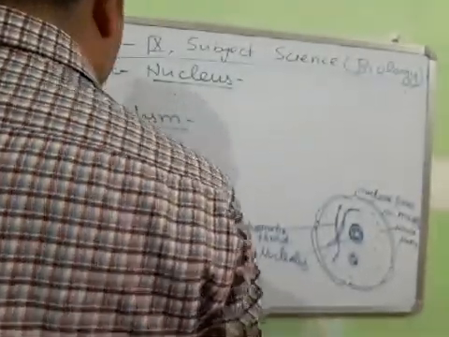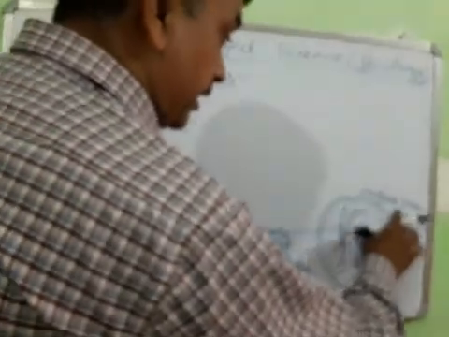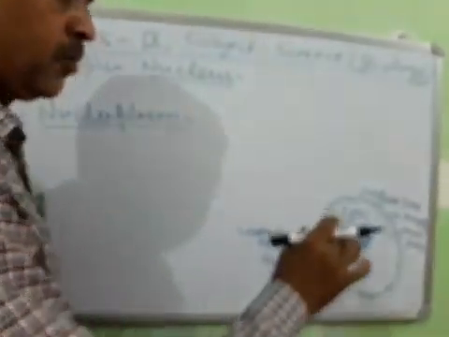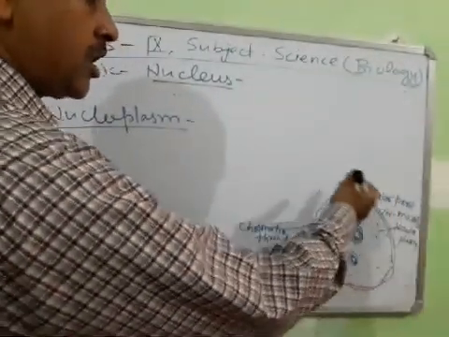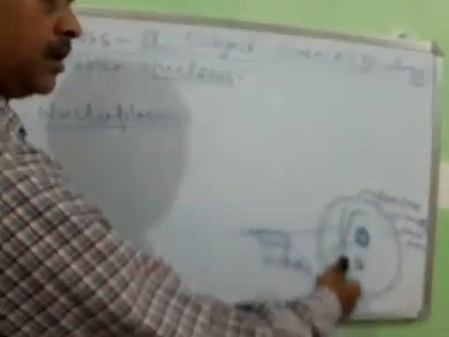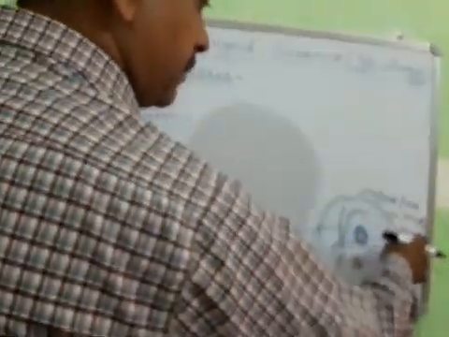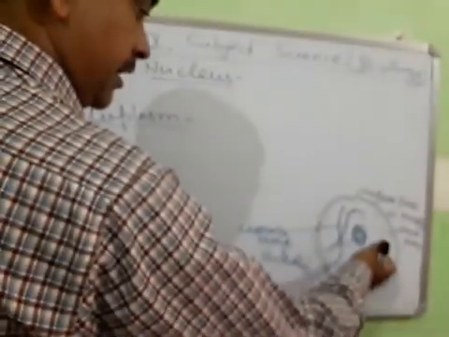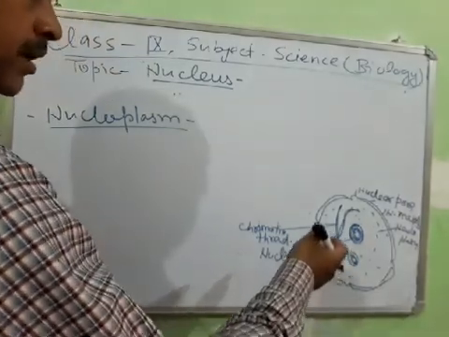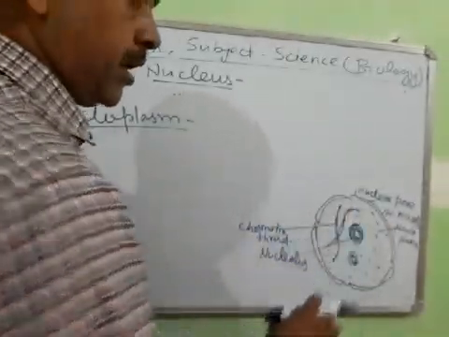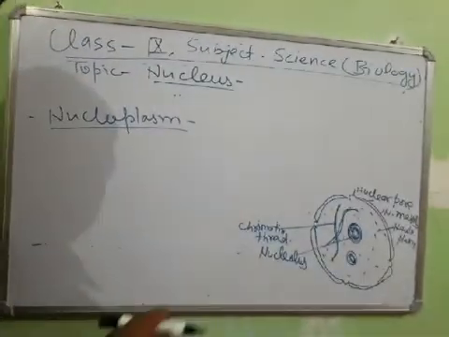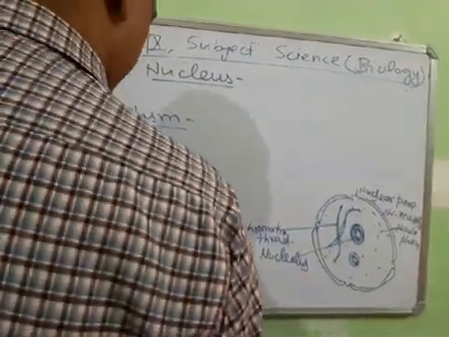Student, nucleoplasm occurs inside the envelope of the nuclear membrane, surrounded all over by the nuclear membrane. So there are many materials found inside the envelope of the nuclear membrane, that is the chromatin thread and nucleolus.